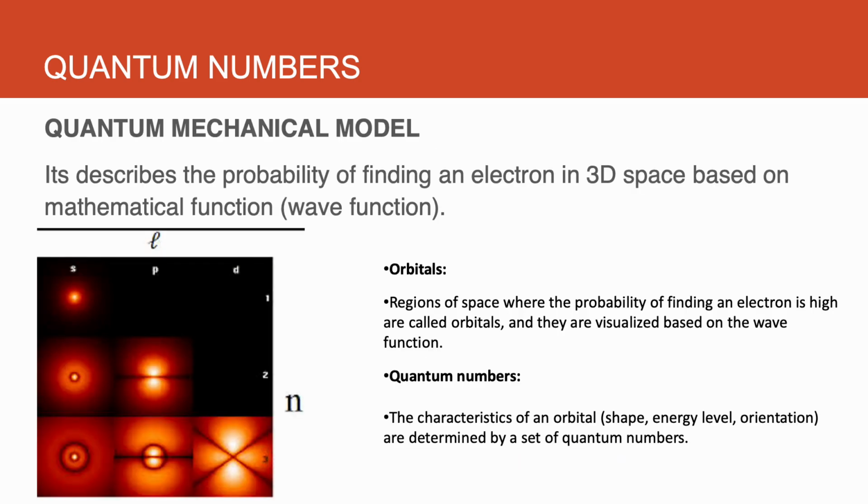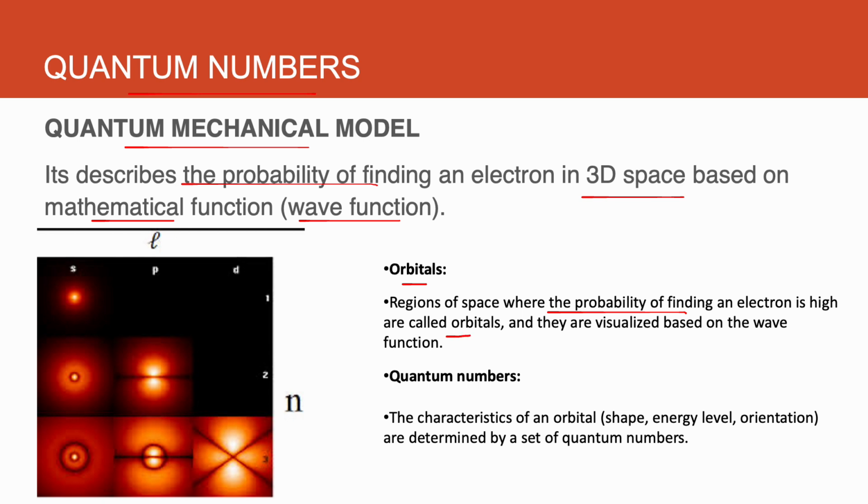More on your quantum model, hence your quantum numbers. The quantum mechanical model describes the probability of finding an electron in a 3D space based on the mathematical function, your wave function. Orbitals are the region spaces where the probability of finding an electron is relatively high.